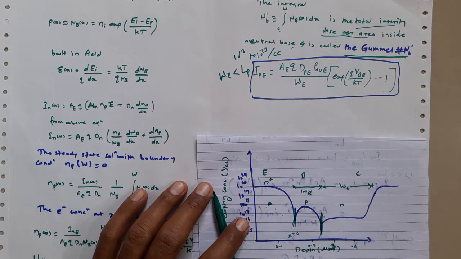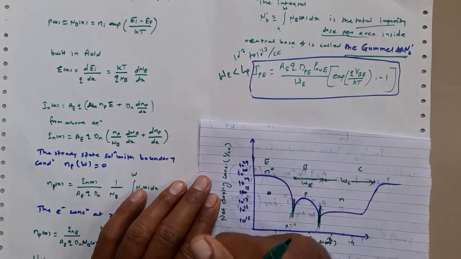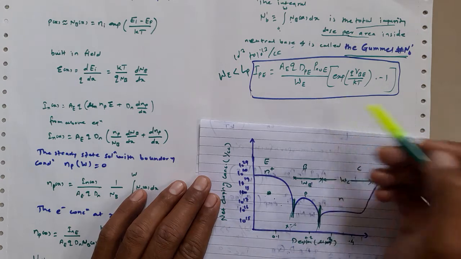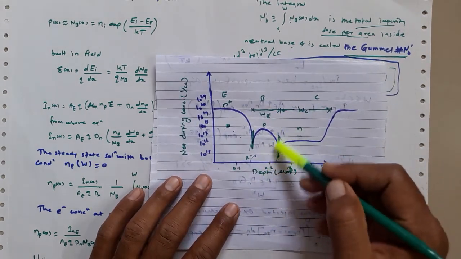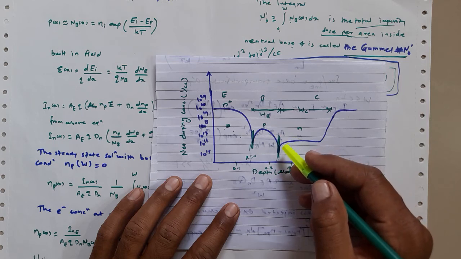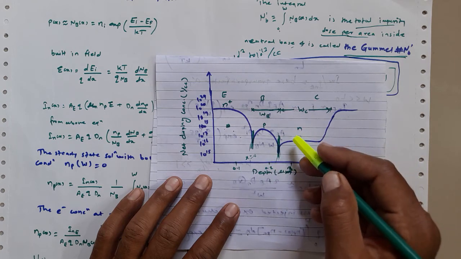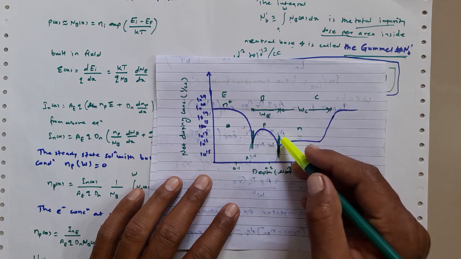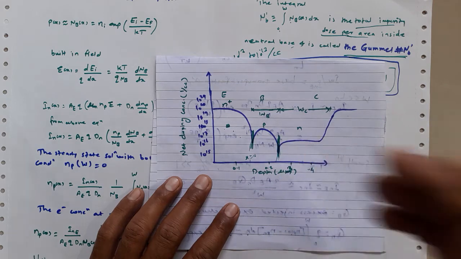Another component of the base current is the recombination in the base-emitter junction. How much recombination is happening at this point? This is another component of the base current, and it is also a responsible factor.